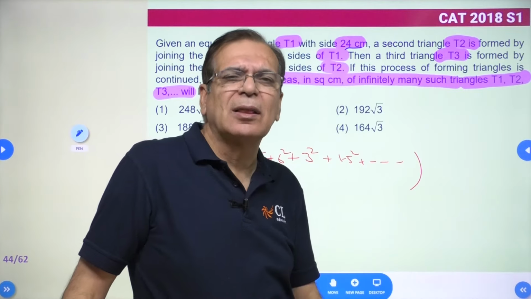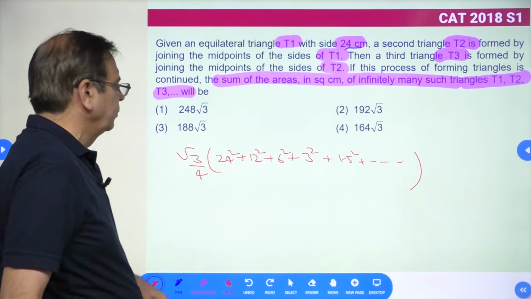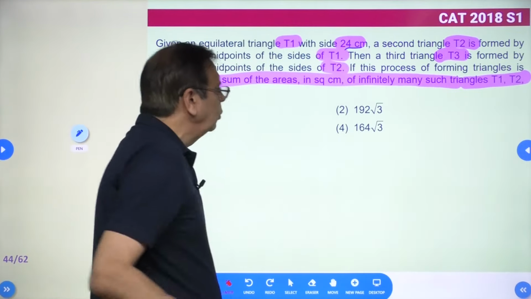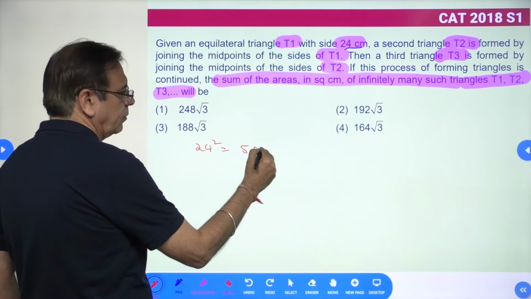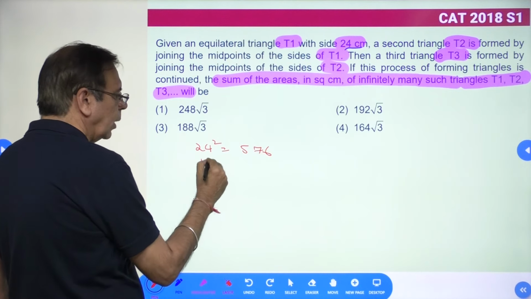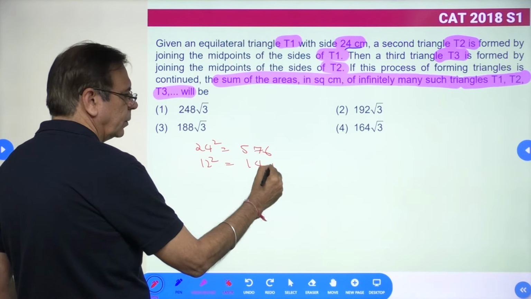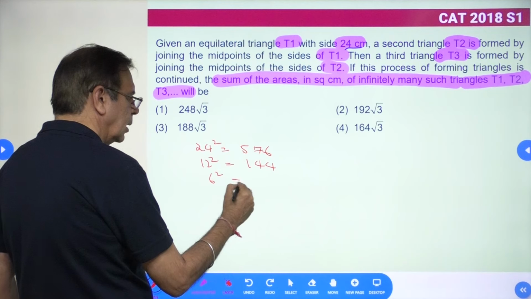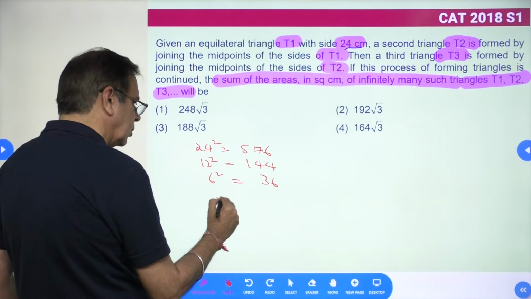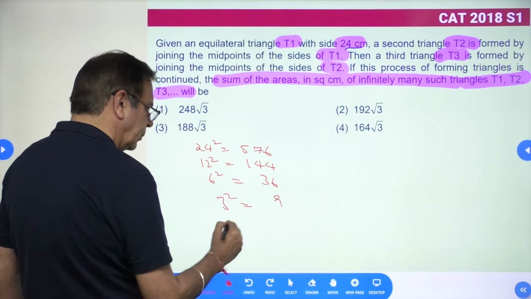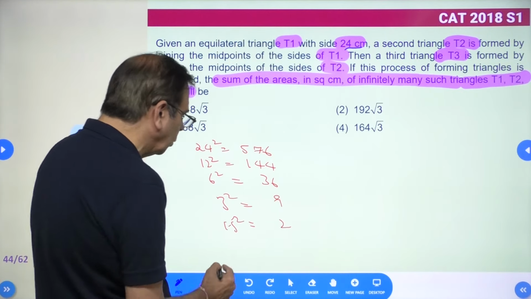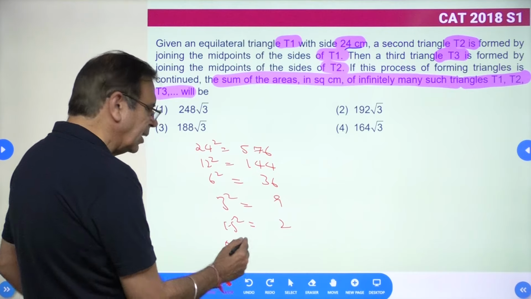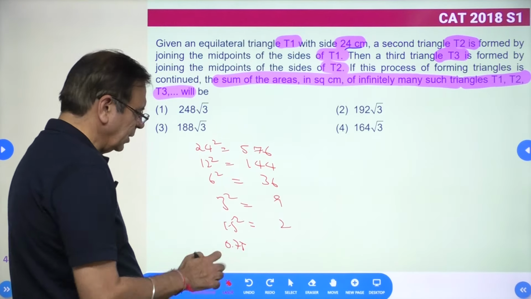So 24 square, 576. Then 12 square, 144. 6 square, 36. 3 square, 9. 1.5 square is 2.25, I'm just taking it to be 2. 0.75 square will be less than 1, so we leave this.